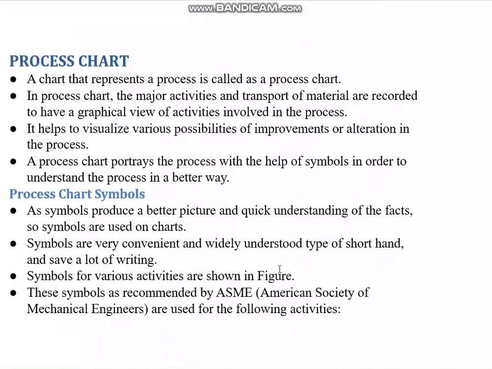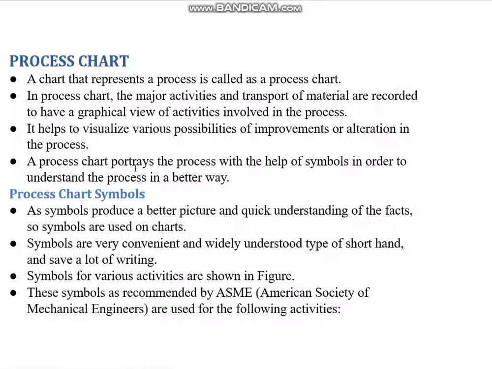Process means the procedure, or the method of doing things. In a process chart, the major activities that we perform on the raw materials or any other thing, and the transport of the materials, are recorded to have a graphical view of the activities. Why graphically, pictorially? Because we can easily visualize them if it is in graphical form.